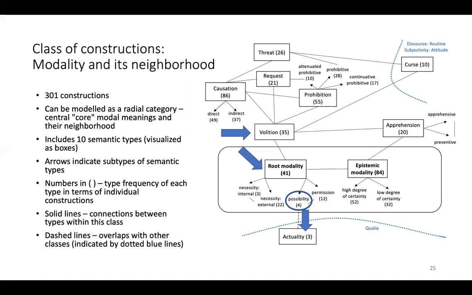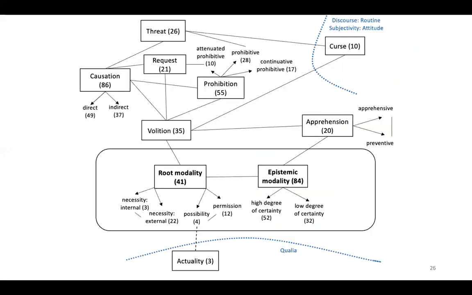We use solid lines to indicate both conceptual links between the semantic types and also links at the level of individual constructions. To give you a few examples of constructions referring to the core and more peripheral categories, let's take a closer look at root modality, volition, and apprehension.